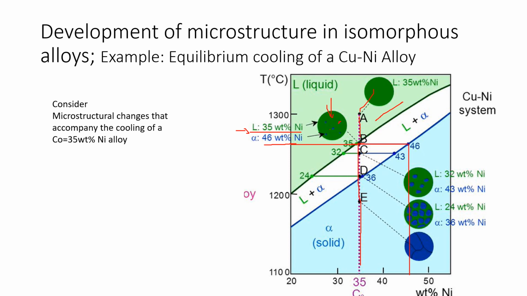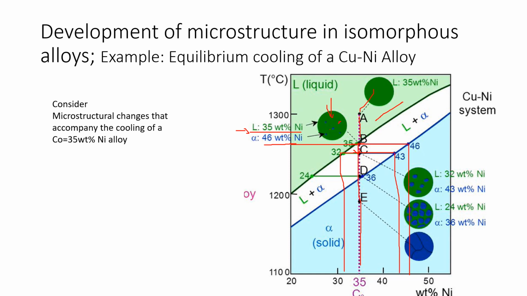At 1250, point C. So if we cool down further at point C, again a lever rule is drawn. The composition is slightly changed from 35% to 32% by weight.